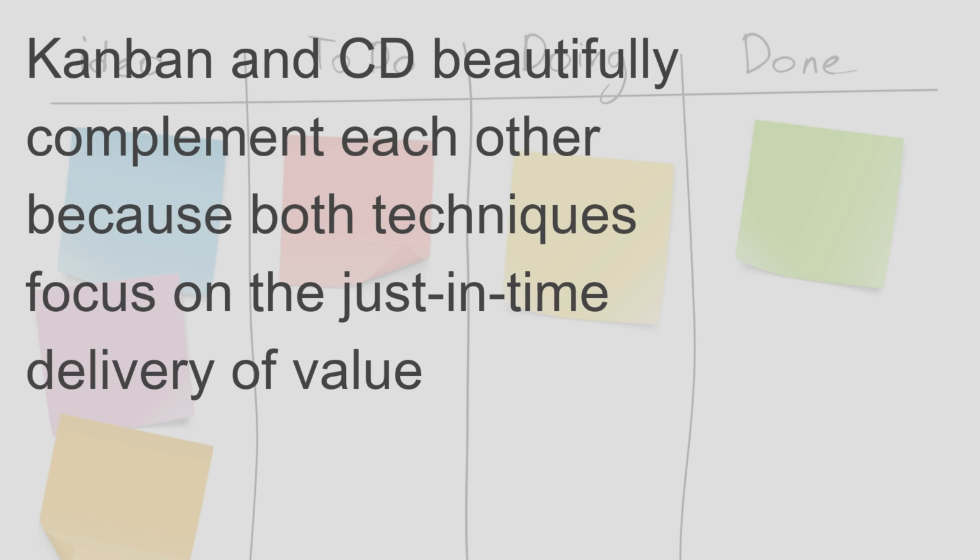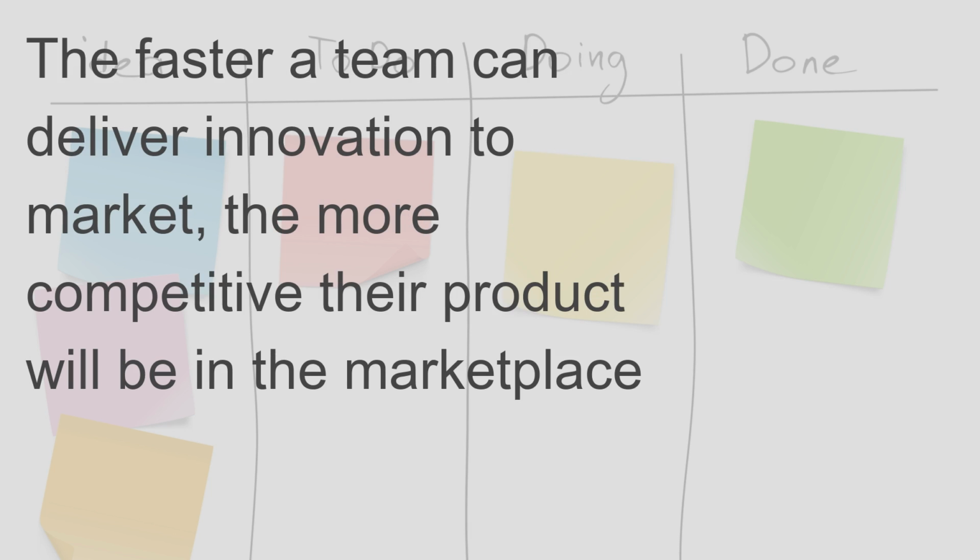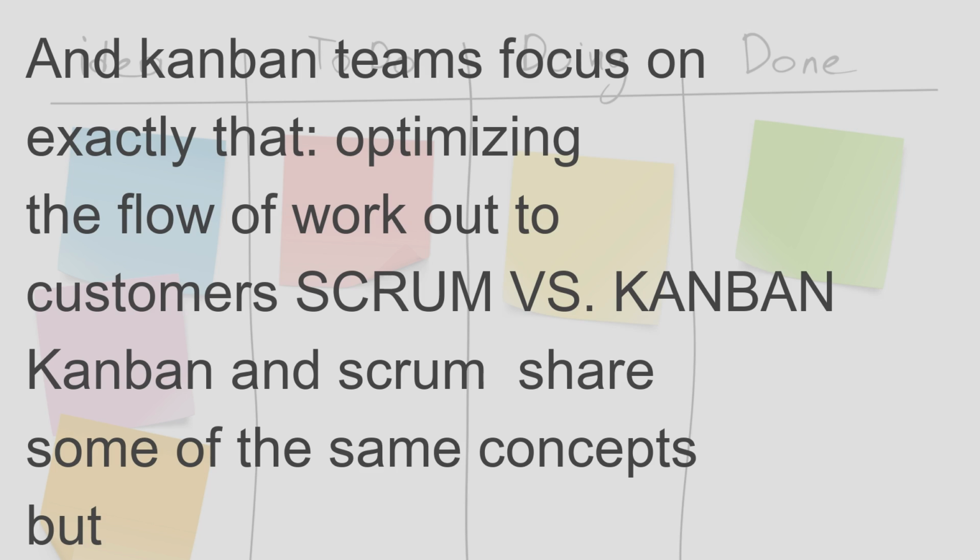Kanban and CD beautifully complement each other because both techniques focus on the just-in-time delivery of value. The faster a team can deliver innovation to market, the more competitive their product will be in the marketplace. And Kanban teams focus on exactly that, optimizing the flow of work out to customers.